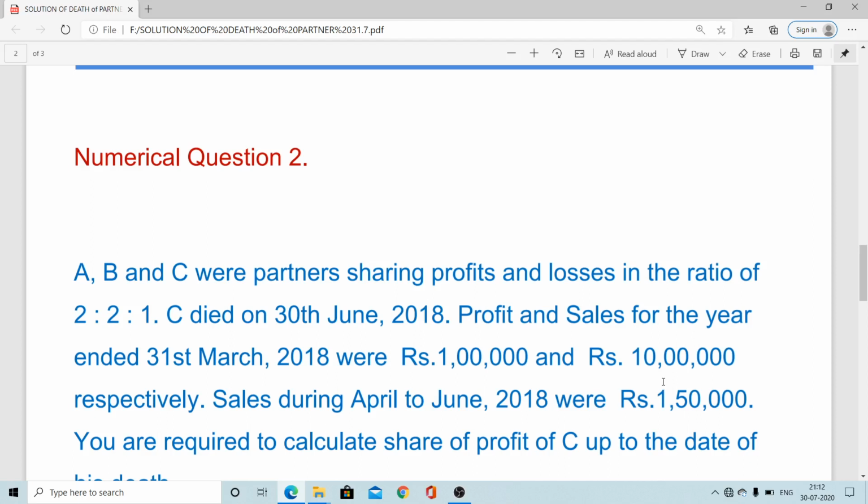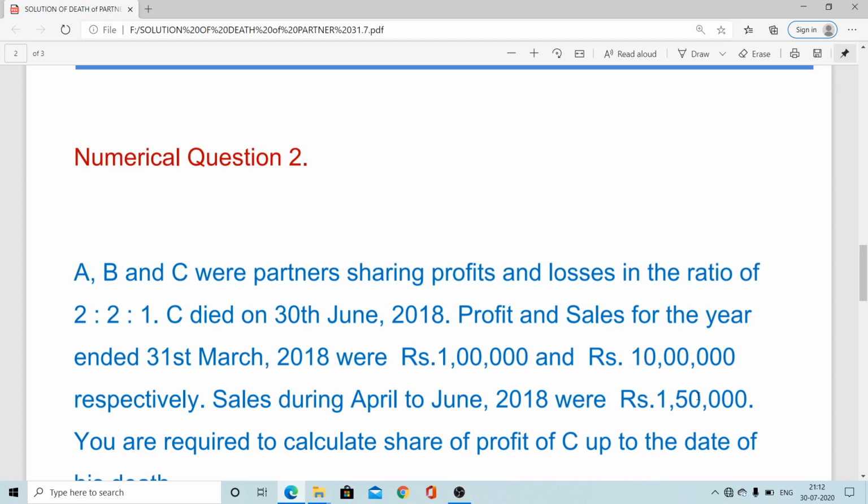So first we can calculate the percentage of profit. Here when profit is 1 lakh, then sales are 10 lakh. So when sales are 100, what will be the percentage profit? It's very simple, 10%. So the percentage of profit is coming 10%.